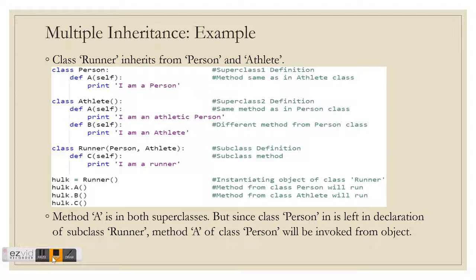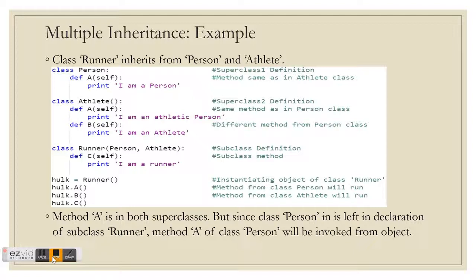So here is an example to make it more clear. Suppose the class runner inherits from person and athlete classes. So here person and athlete are both superclasses and runner is the subclass. I have defined method A in the person superclass, methods A and B in the athlete superclass, and C in the runner subclass.